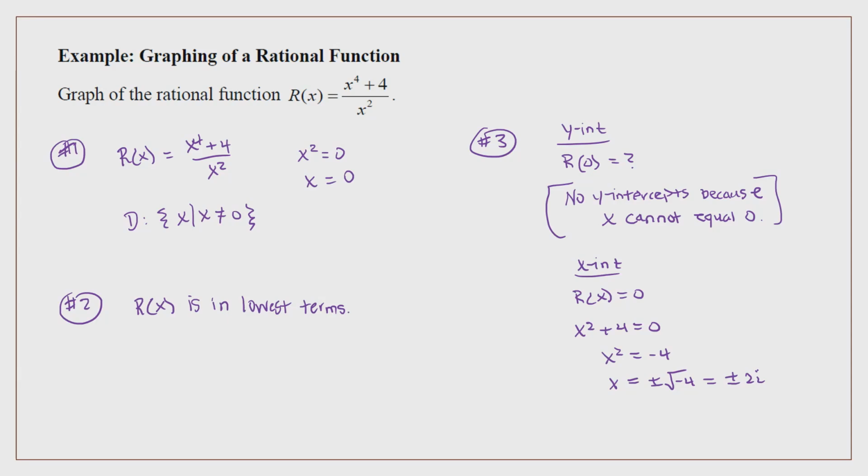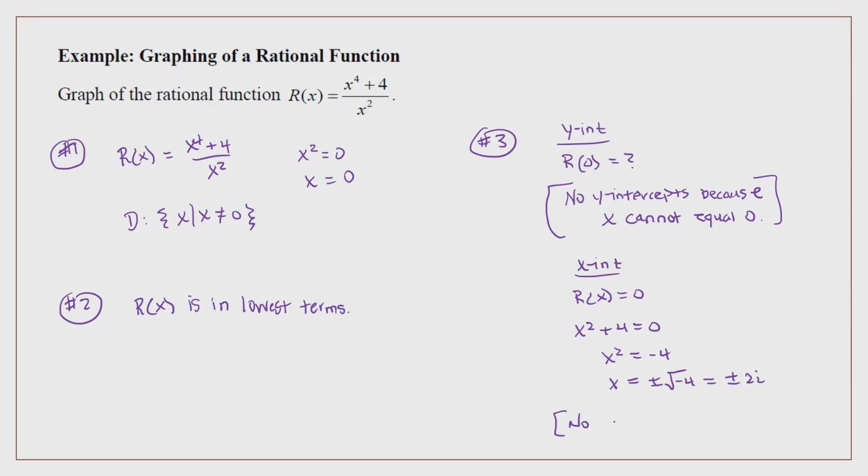Okay, so we have imaginary numbers as our zeros. We want real numbers. So since x squared plus 4 has no real solutions, there are no x-intercepts.